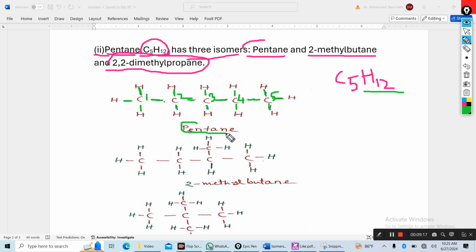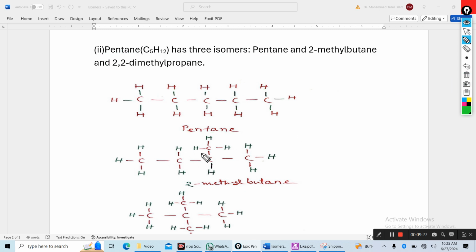So this is pentane, and the second one is 2-methylbutane. How will you do it? You give 4 carbons in the chain. On number 2 carbon you give a branch, methyl, 1 carbon. So this name will be 2-methylbutane.